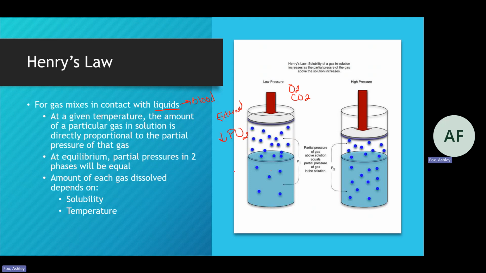Lower pressure means that there's less oxygen dissolved in the liquid. That's directly proportional, meaning they go in the same direction. Lower partial pressure, lower oxygen.